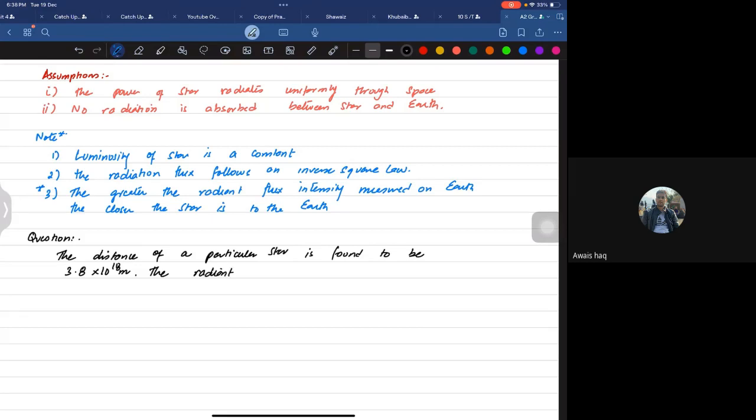The radiant flux received is 2.6 into 10 raised to minus 9 watts per meter square.